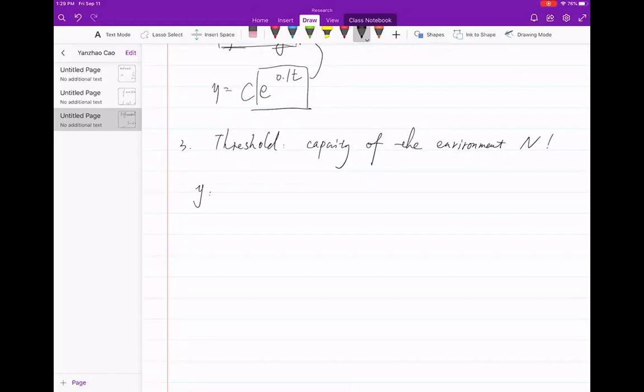Well, number one, y should grow exponentially when y is small. Because basically you don't hit the capacity, you don't even feel the stress from the environment, right? It's free resource, free food, free water everywhere.